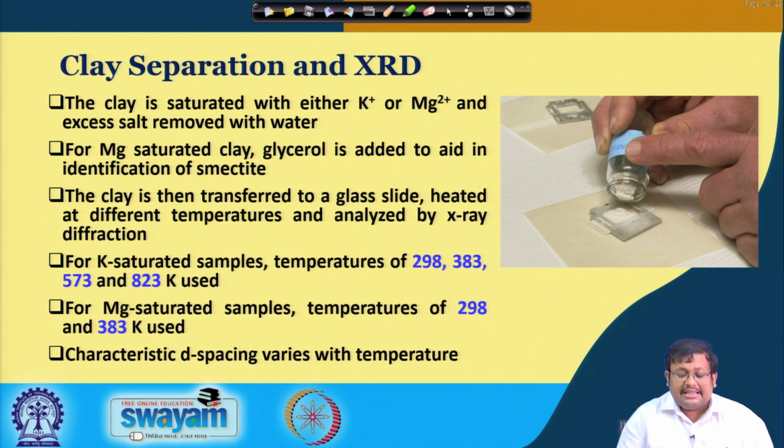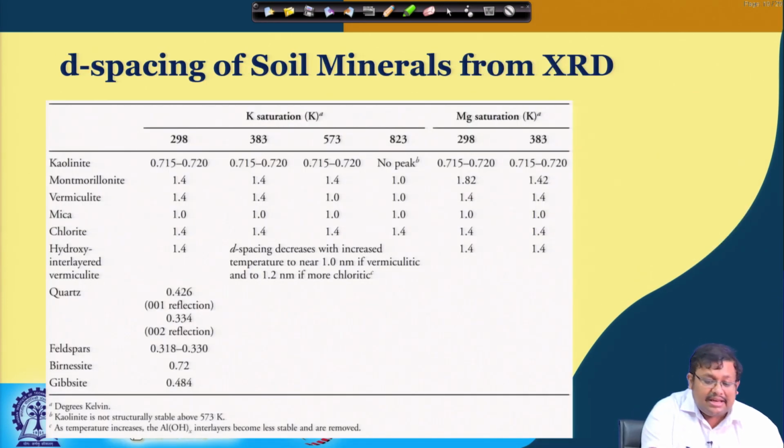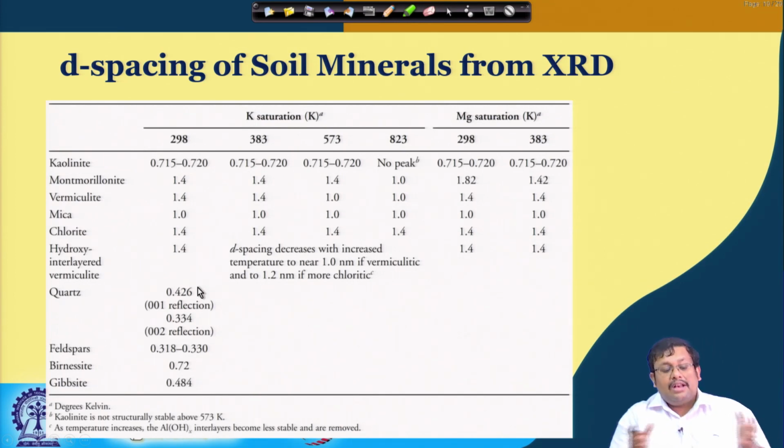We orient these clays on glass slides, and then we saturate them with either potassium or magnesium. Excess salt is removed with water, and different treatments are given. You can see there are different treatments: potassium saturation, magnesium saturation, and also different temperatures, and how these different temperatures vary their d-axis spacing. So from there you will have an idea.